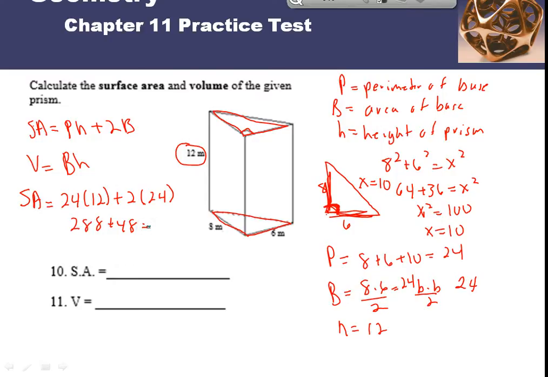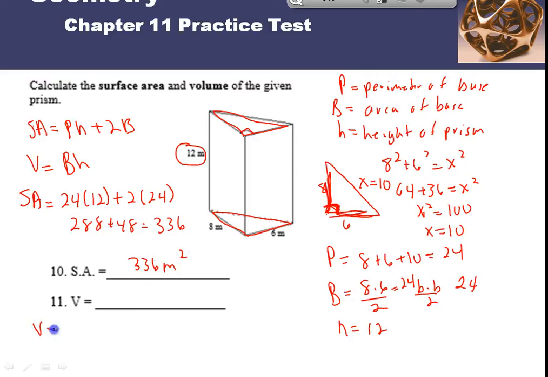And that's 336. Okay, so my surface area is 336 meters squared.